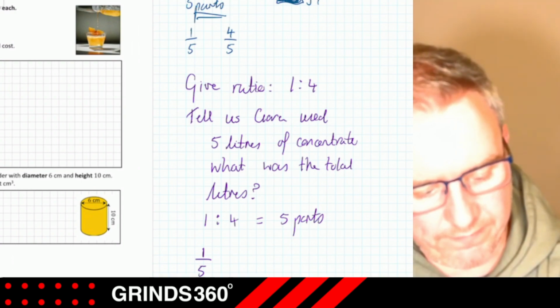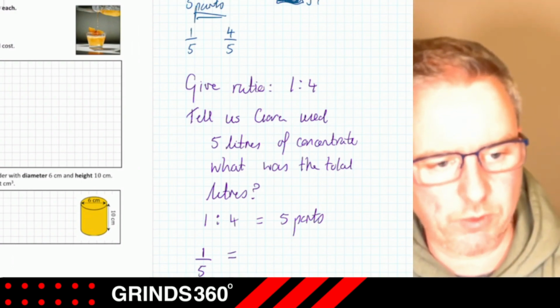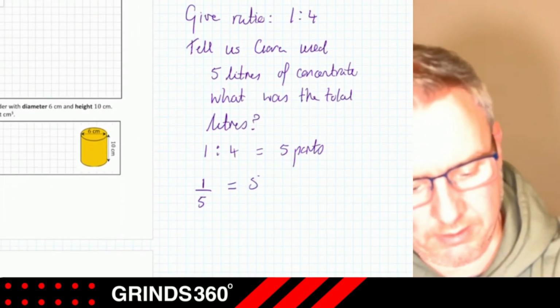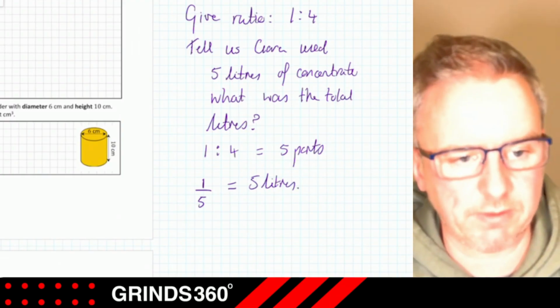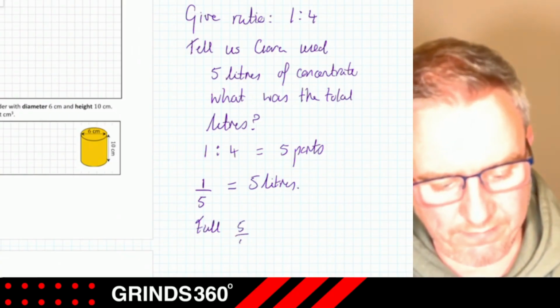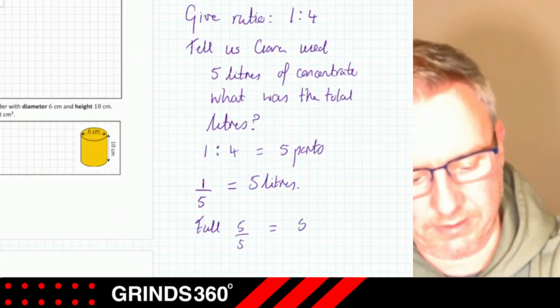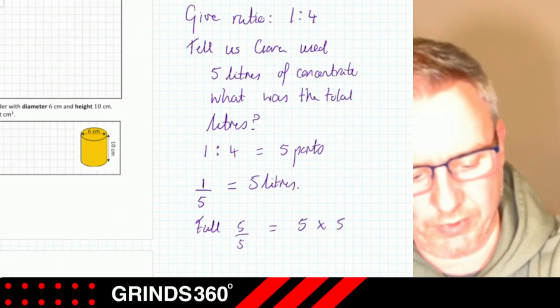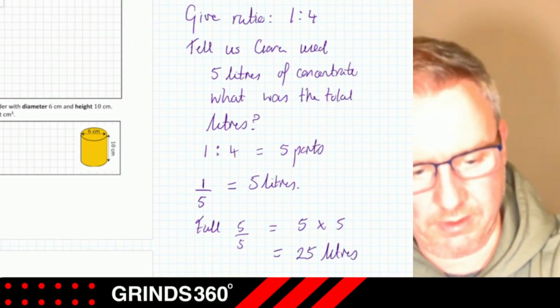So 1/5 this time is equal to 5 litres. So if 1/5 is equal to 5 litres, the full 5/5 is equal to 5 litres by 5. So I'd end up with 25 litres in total, okay?